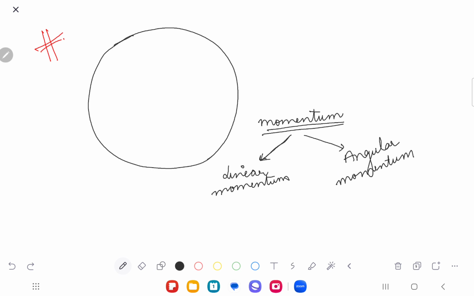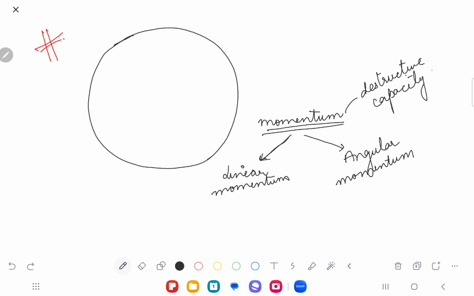By the time you reach quantum, both physics and chemistry would be mixed. When we are talking about momentum, it basically means the inertia. Momentum means the destructive capacity that a body possesses.